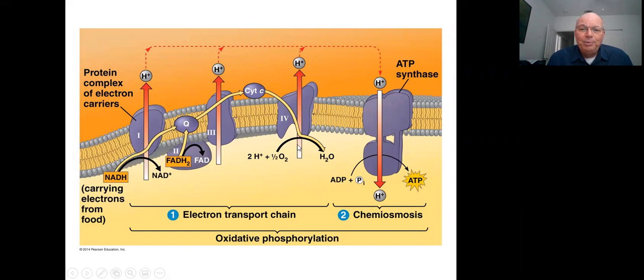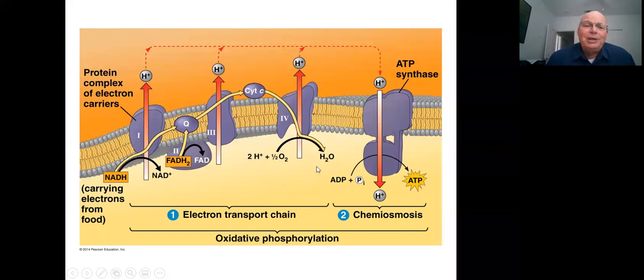So the electron transport chain is the way we tap into the energy of those electrons to move the hydrogen ions, and then we tap into the flow of hydrogen ions to drive the phosphorylation step in chemiosmosis. So it's the combined electron transport chain and chemiosmosis steps that give rise to oxidative phosphorylation.